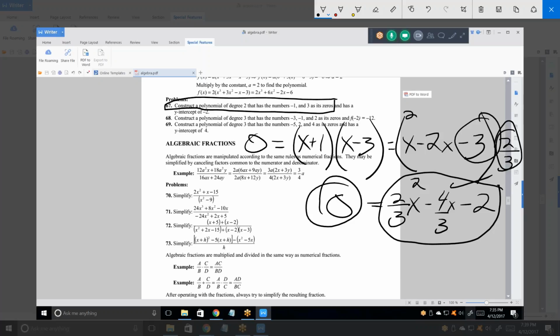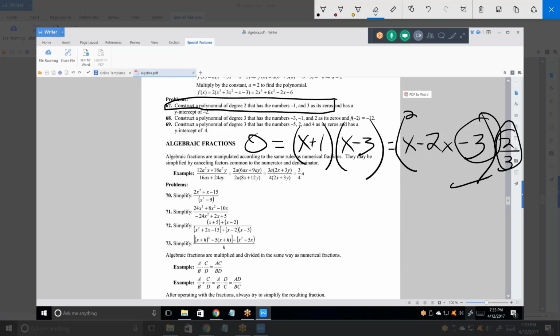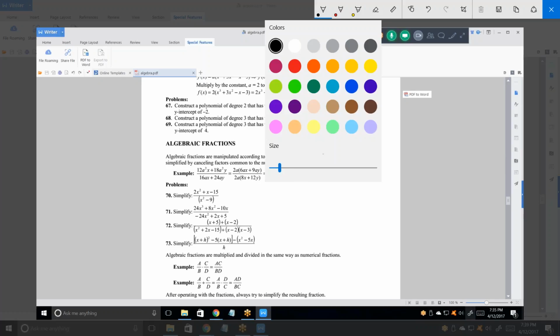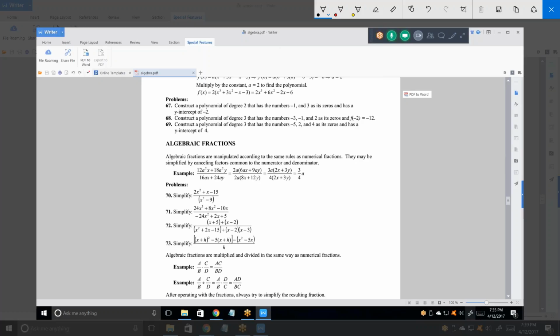All right, let's look at 68. Hold on. Erase all ink. Okay. Construct a polynomial of degree 3 that has the numbers -3, -1, and 2 as its zeros. So let's stop.